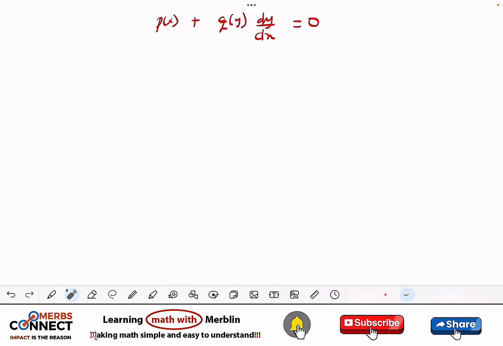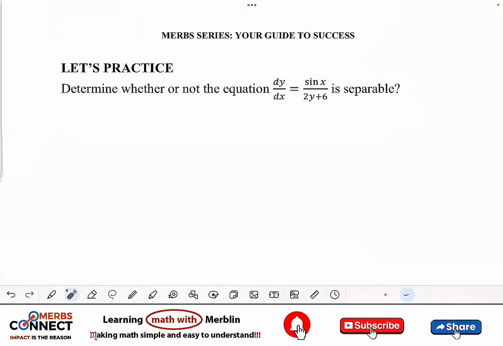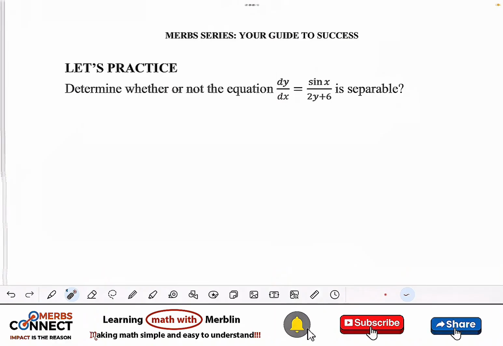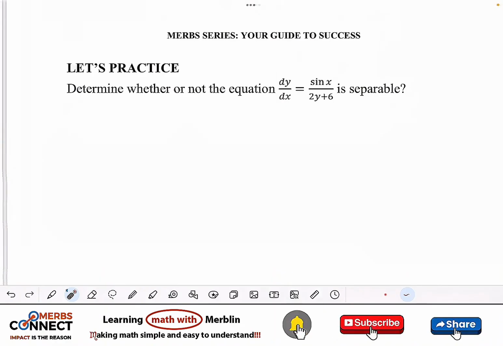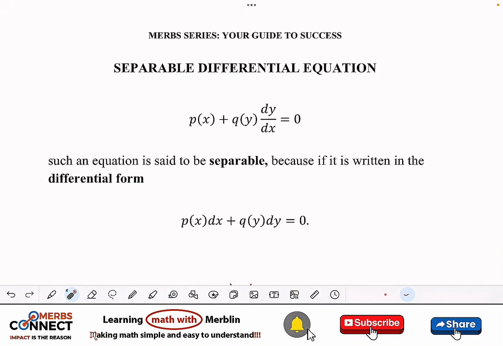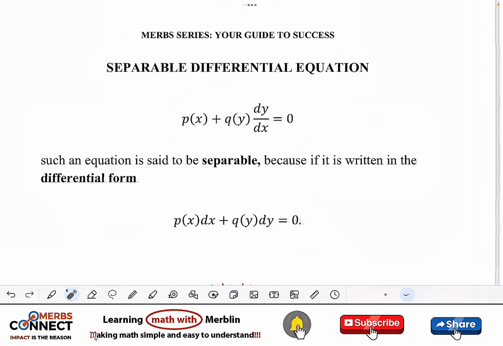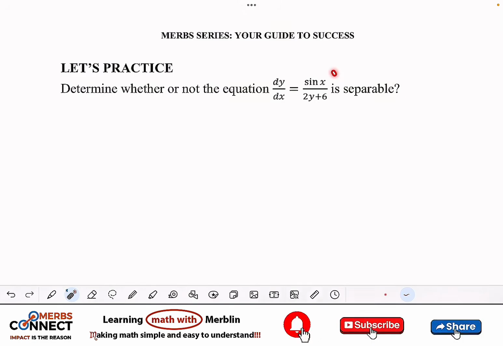So now let me ask a question. For example, we want to see if this is separable. We said that for us to write this in the separable form, we should be able to write it in this form. If we're able to do that, then we can say that this differential equation is separable. So let's do that.